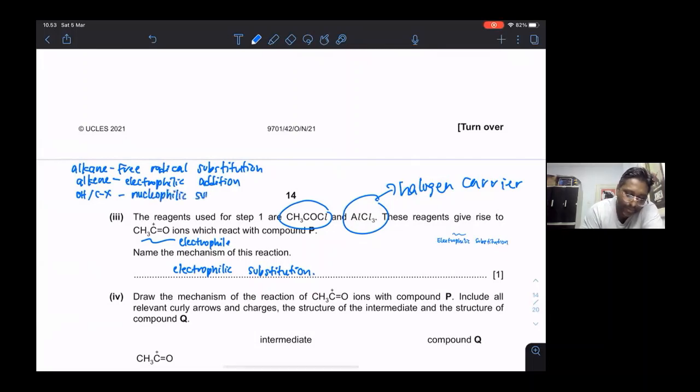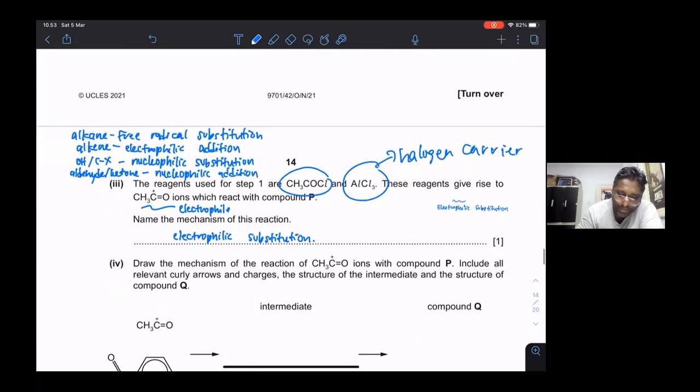Aldehyde and ketone will undergo nucleophilic addition.